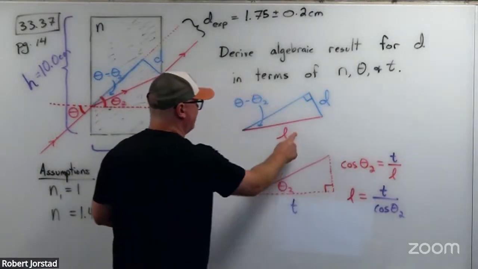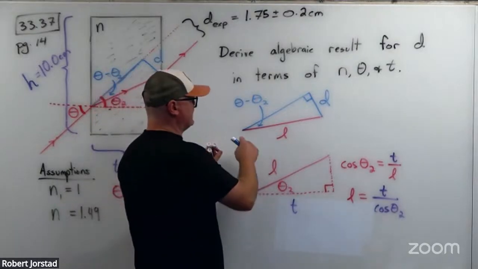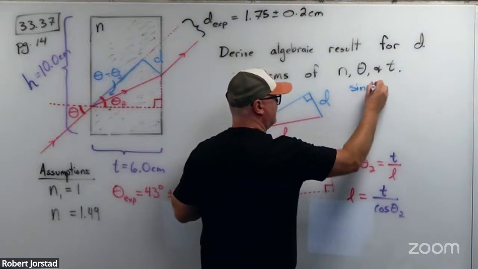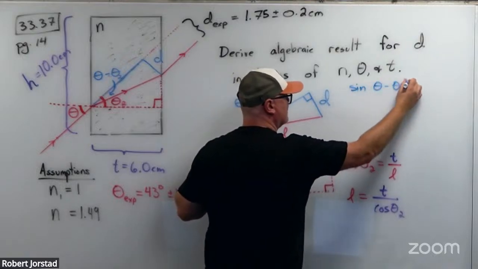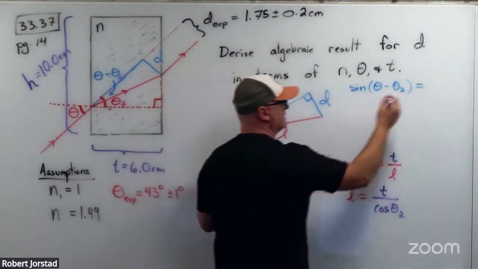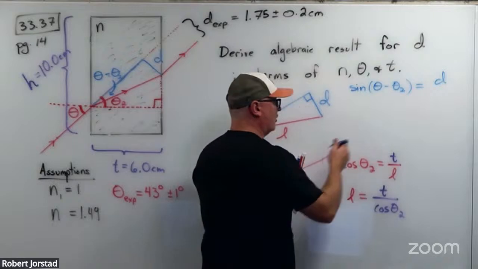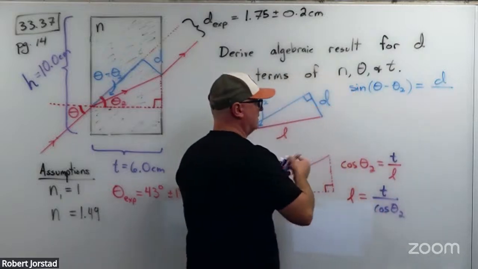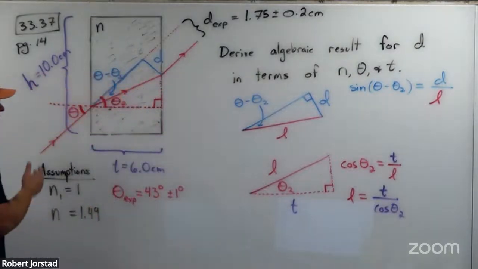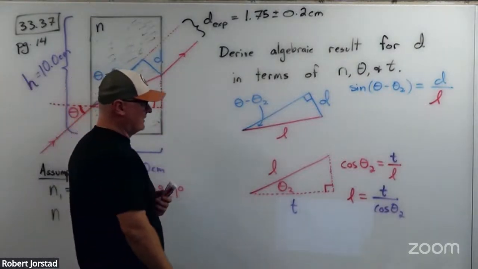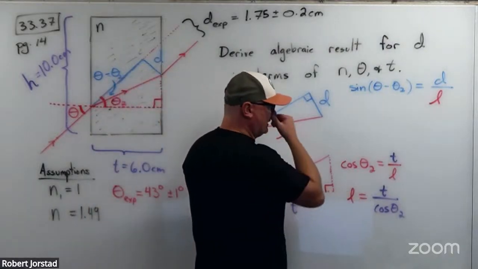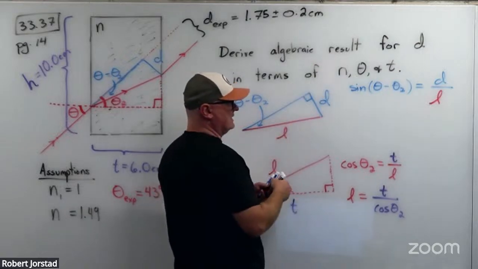So now I can go to this triangle and I see, SOHCAHTOA, opposite. So sine of theta minus theta 2 should equal opposite D over L, which now I should be able to, I know this value of L. Our goal is to solve for D. Let's do that.